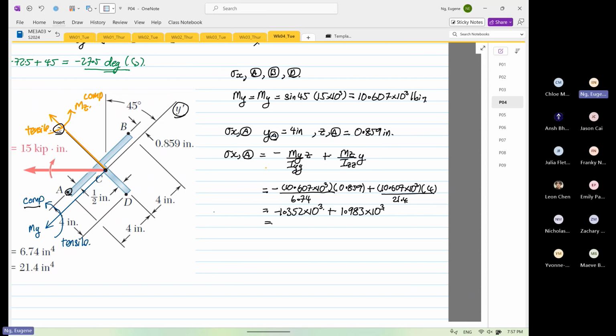So this will be equal to minus 1.352 plus 1.983, 0.631 times 10 to the power 3 psi. Okay, so minus 1.352. Yep. So that's A.